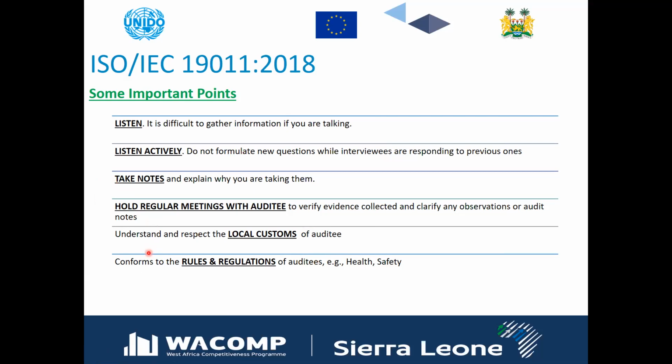And understand and respect the local customs, in some areas local language, local dress, religious values, and local values. In some areas there are strict rules with respect to gender. You have to take care of everything, and this needs to be discussed by the lead auditor with the auditee before going on site. Otherwise, sometimes this becomes a very critical matter.